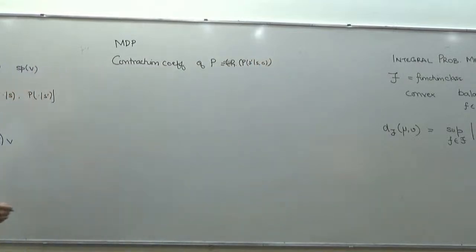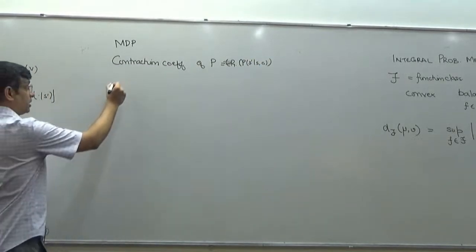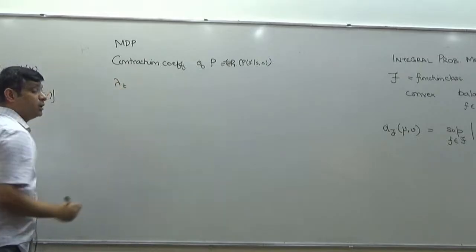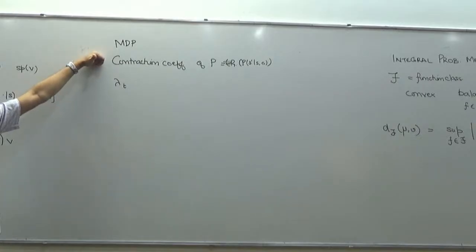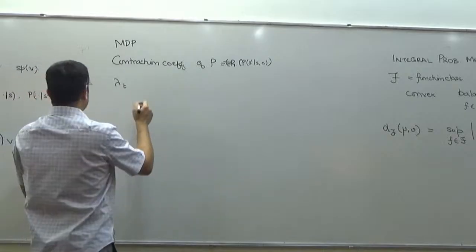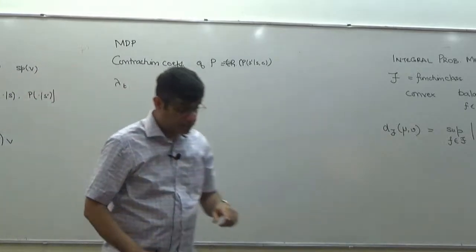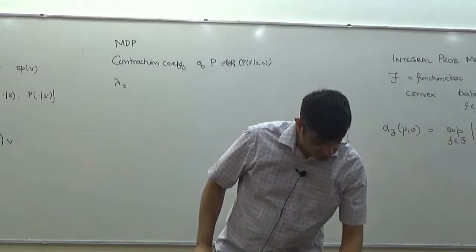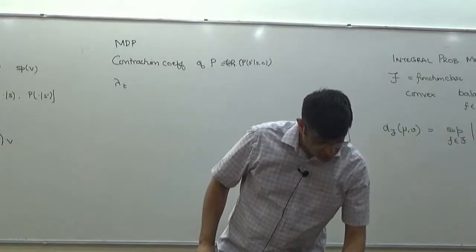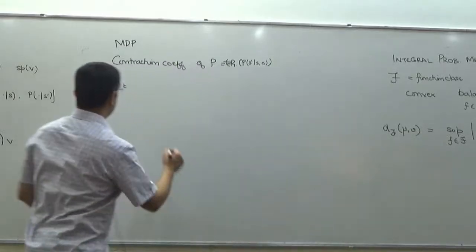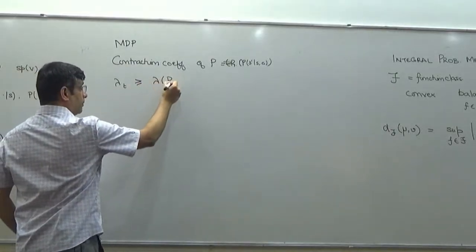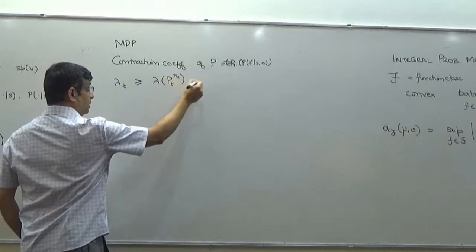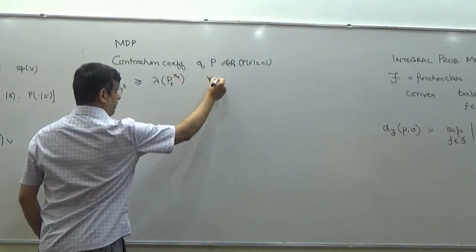So, I will say the ergodicity coefficient is something which I want. This is a function of the controlled transition kernels of my Markov decision process, which has the property that this is, make sure I get the inequality in the right direction, greater than equal to the ergodicity coefficient of P pi t for all pi t.